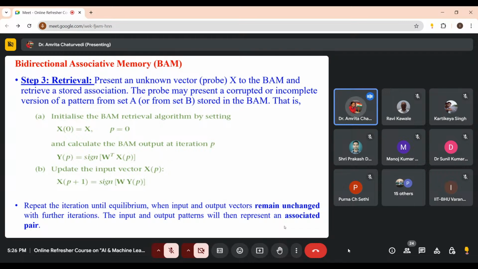So initialize the BAM retrieval algorithm by setting x0 equal to x and calculate the BAM output at iteration p, that is, you find out yp, and then update the input vector xp. You repeat the iteration until equilibrium, when the input and output vectors remain unchanged with further iterations. So the input and output patterns will then represent an associated pair.